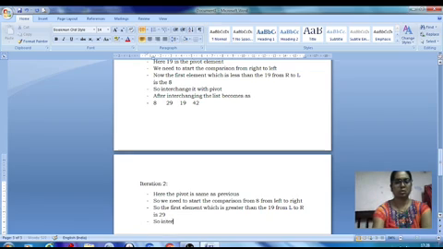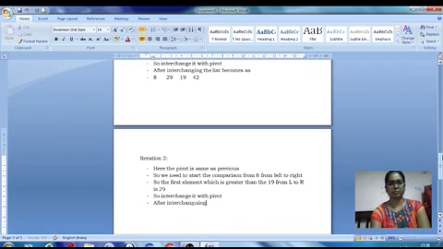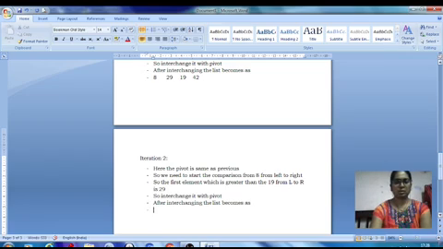So interchange it with the pivot. So after interchanging, the list becomes as 8, then 19, then 29, then 42.